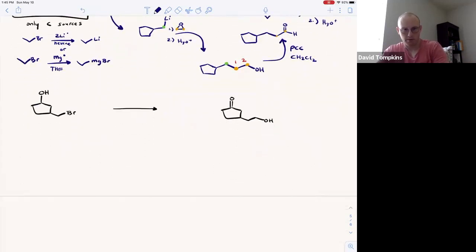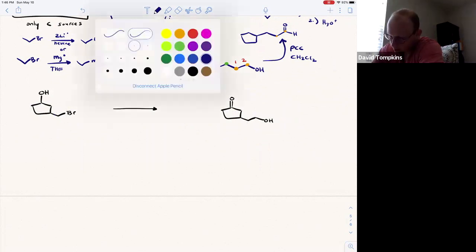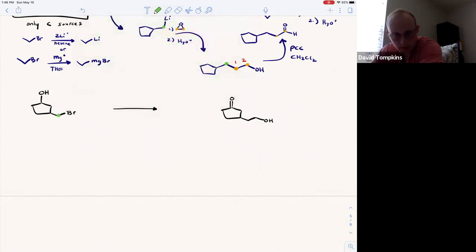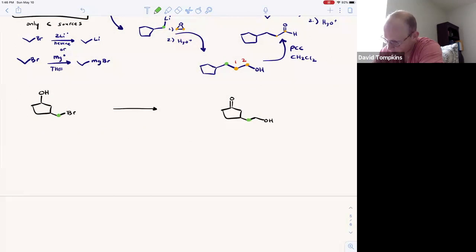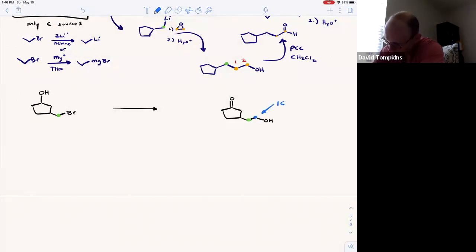So the final example I want to do here involves the oxidation of an alcohol to a ketone and the transformation of an alkyl bromide to an alcohol. And once again, I notice that this carbon halogen bond has been turned into a carbon-carbon bond, where you have a 1 carbon elongation.